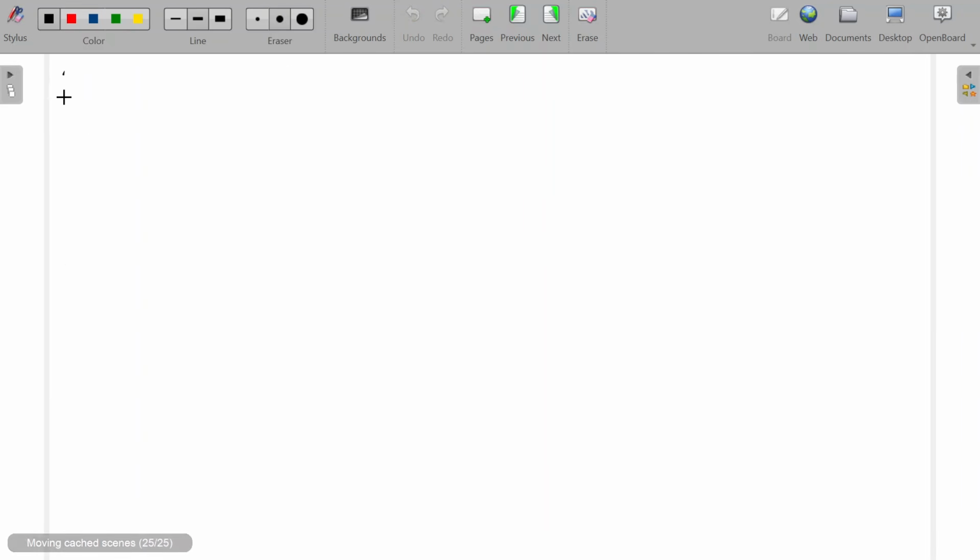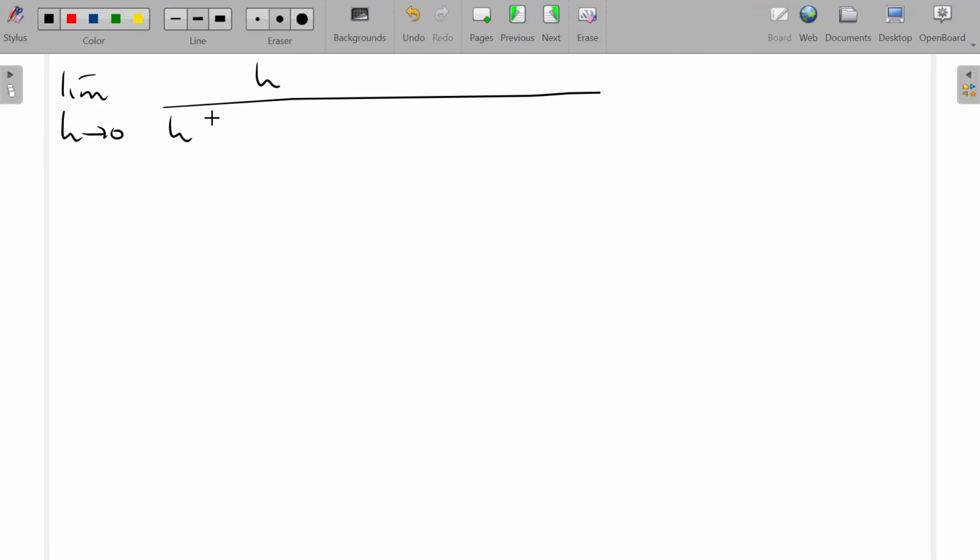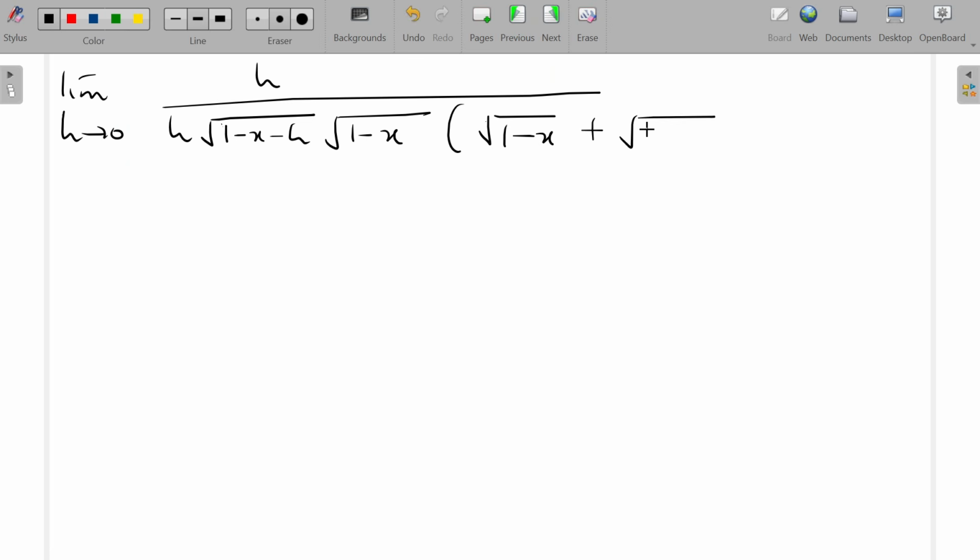As a result, I'm going to have limit as h approaches 0 of h over h times the square root of 1 minus x minus h, the square root of 1 minus x, and then open brackets, the square root of 1 minus x plus the square root of 1 minus x minus h, like this.